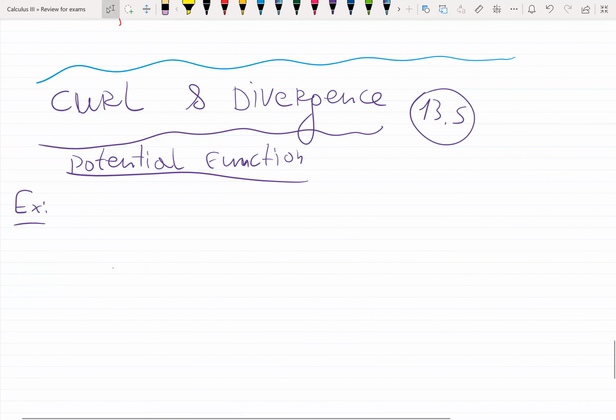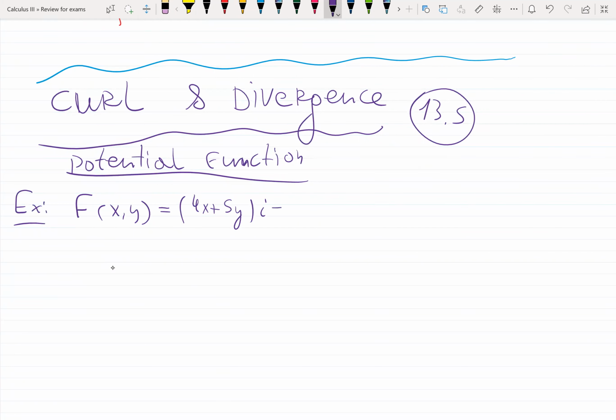So we give you some kind of field with 2 or 3 variables. Be careful with that. 4x plus 5y i plus 5x plus 10y j, like so. Then, that's from your homework. Then they ask us to decide if it's conservative.